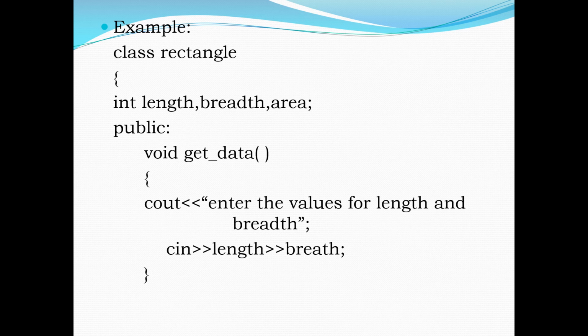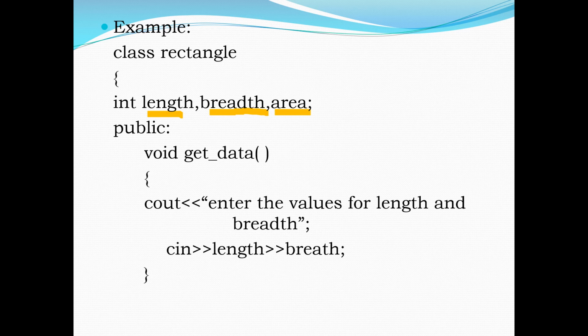To calculate the area of a rectangle, I need the formula length into breadth. So I'm going to add two variables, length and breadth. To store the result, I need one more variable called area. These are the three data members in this example.